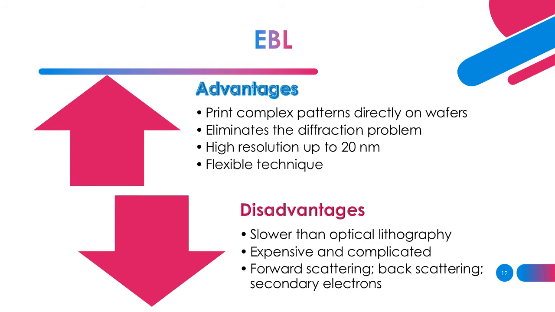It has high resolution up to 20 nanometers and is a flexible technique. However, the disadvantages are that it's slower than optical lithography, and more expensive and complicated. Then there are forward scattering and back scattering problems because of secondary electrons. This one we will see.